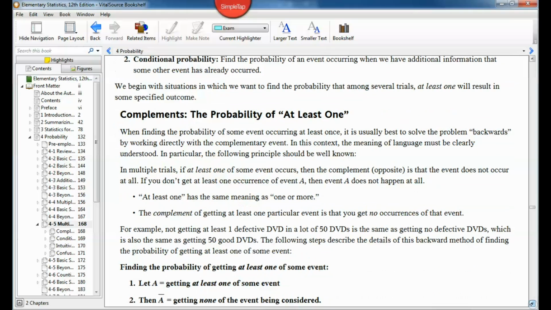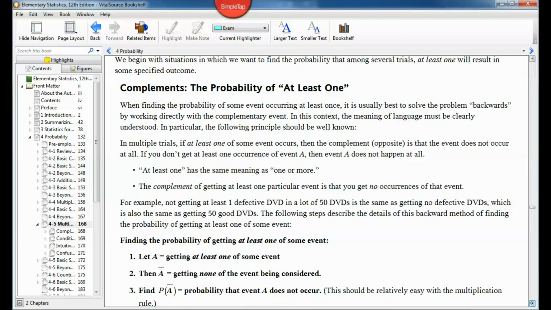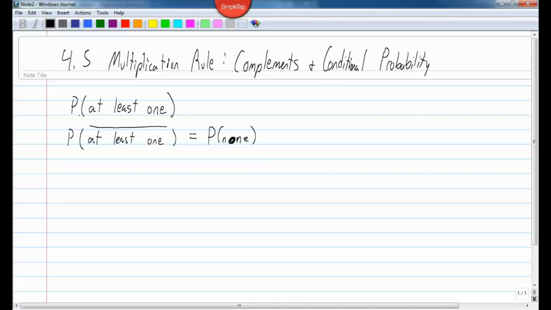So if we know that at least one and none are complements of each other, then one way that you can find the probability of at least one is by saying 1 minus the probability of none. Why is that?